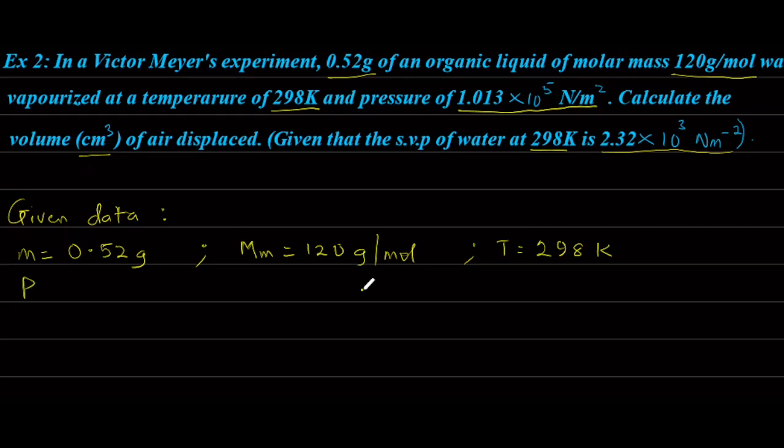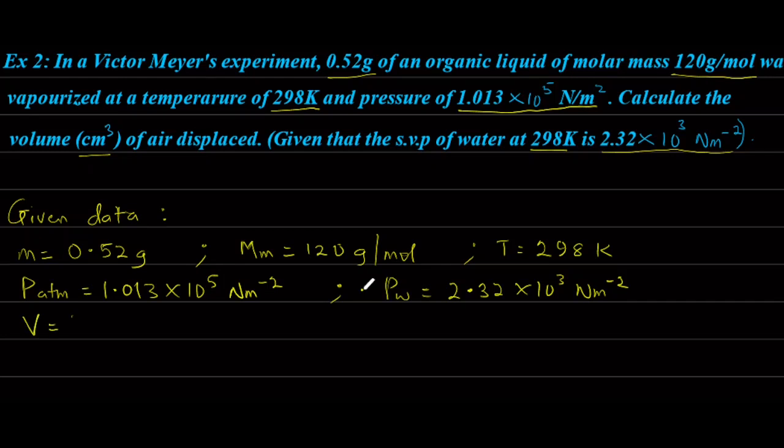We are given pressure of the atmosphere to be 1.013 exponential 5 Newton per meter square, which is also known as Pascal. Then we are also given the pressure of water, which is the saturated vapor pressure of water, as 2.32 exponential 3 Newton per meter square. We are asked to look for the volume of the air displaced in centimeter cube.